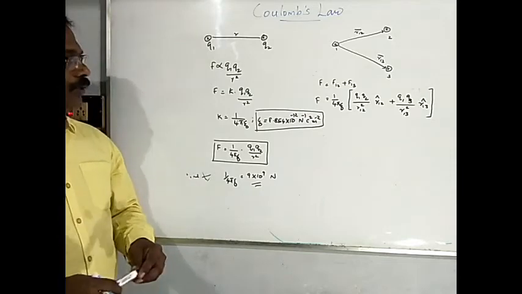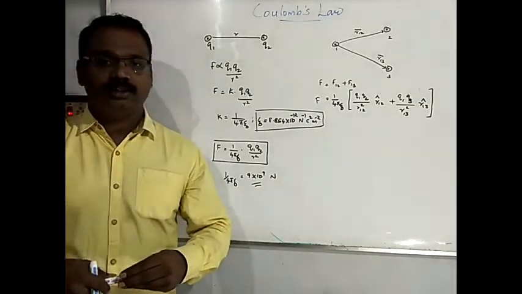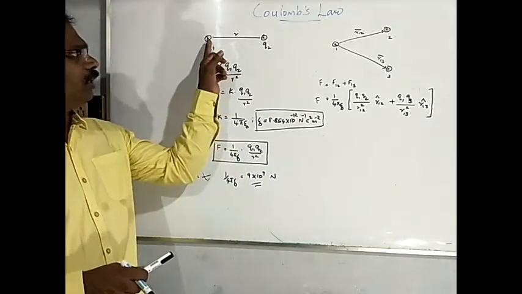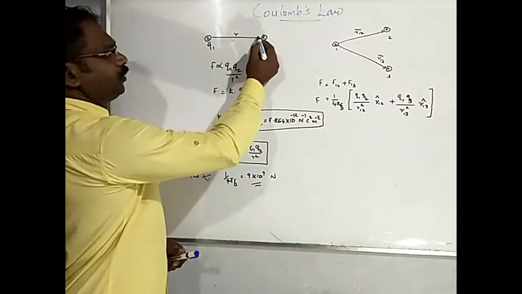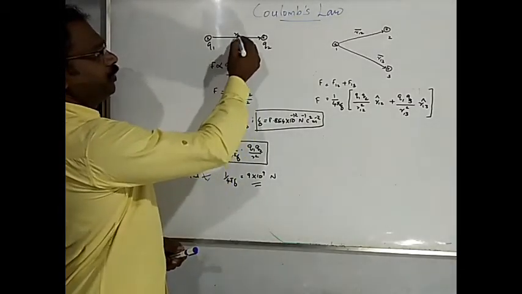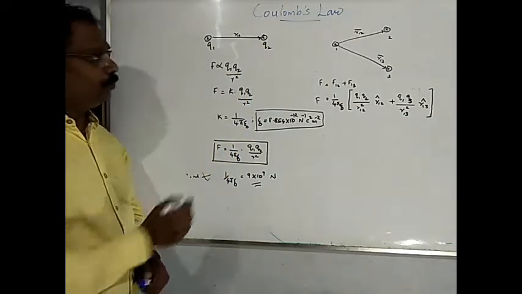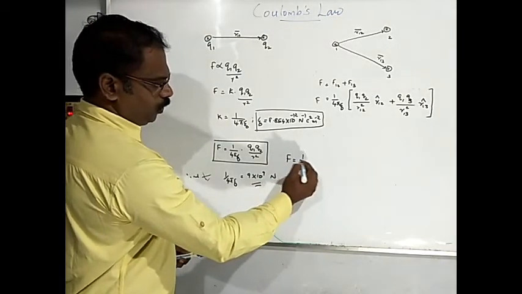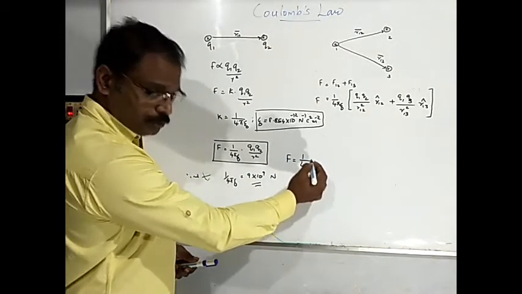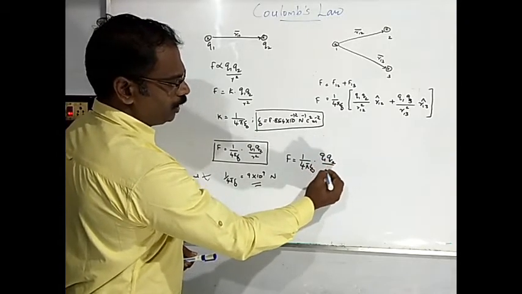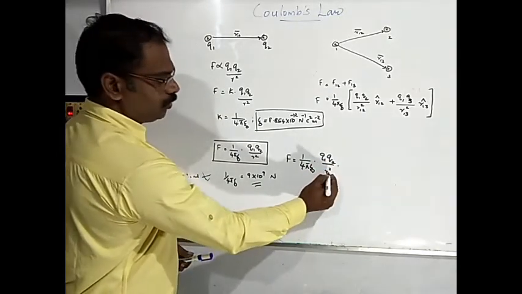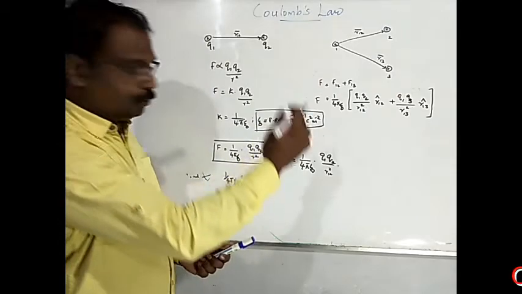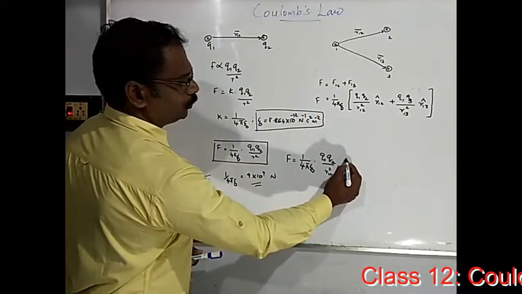Now, we know the force is a vector quantity, right? So we need the direction to represent it. Suppose the force is from q1 to q2, therefore we can write the distance as r12. Since this is a vector quantity, we can modify the equation as F equal to 1 by 4 pi epsilon 0 into q1 q2 by r12 square into the unit vector from q1 to q2, that is r12 cap.